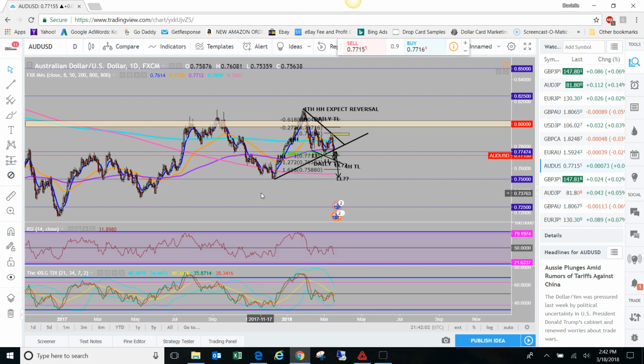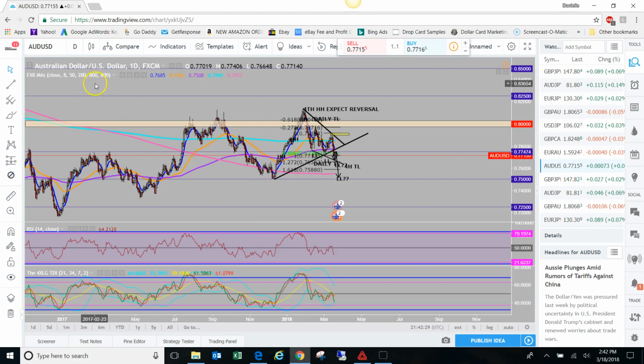Like I said, wait for that break and retest. But I will walk you through the process that I use. Now, I do have AU already marked up, so I'll just get started and go over what I've marked up, and then I'll hop over to the AgMet and go through the same process.